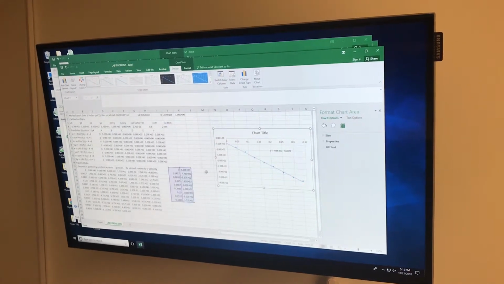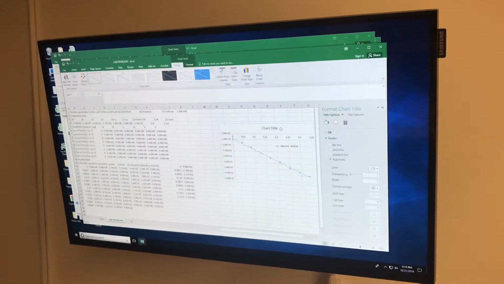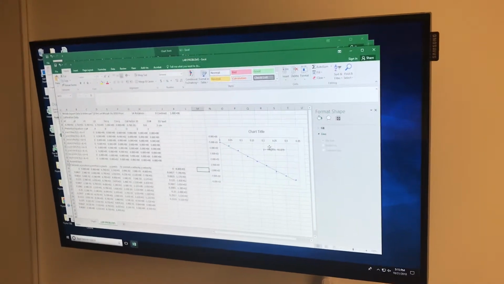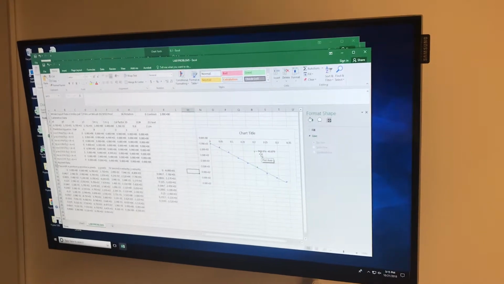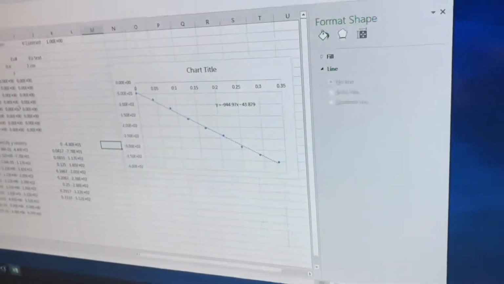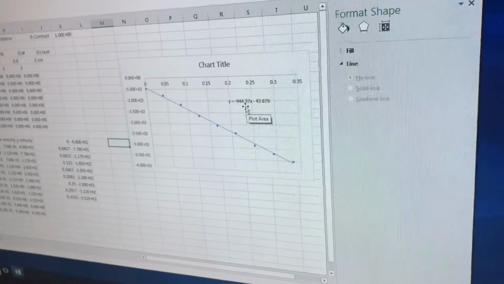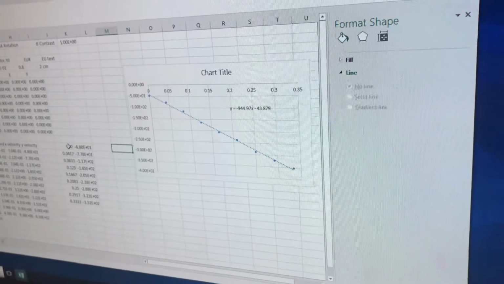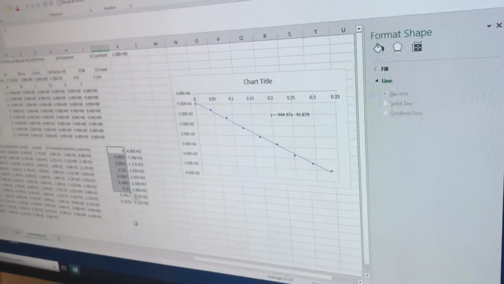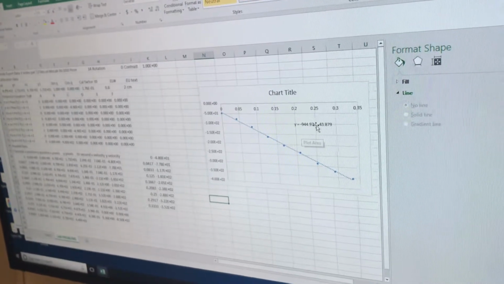So now I'm going to make another column where I actually input the values of the fit equation into the Excel sheet. So we have negative 944.97 times x, and in this case our x is our t. So we're going to do the 944 as a constant and then multiply it by these cells that are in the J column, and we also need to subtract a constant.